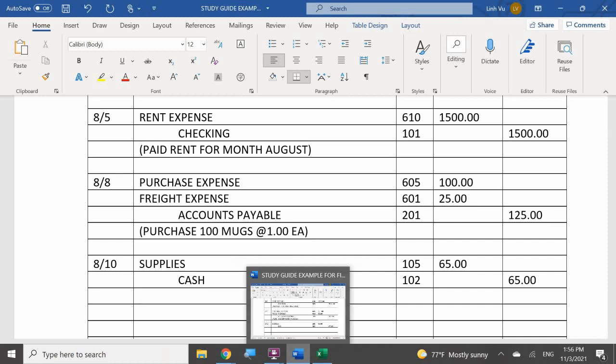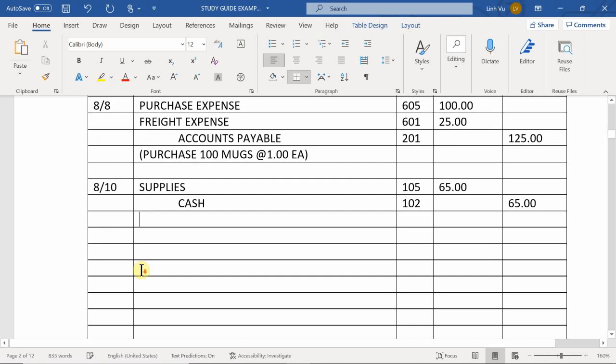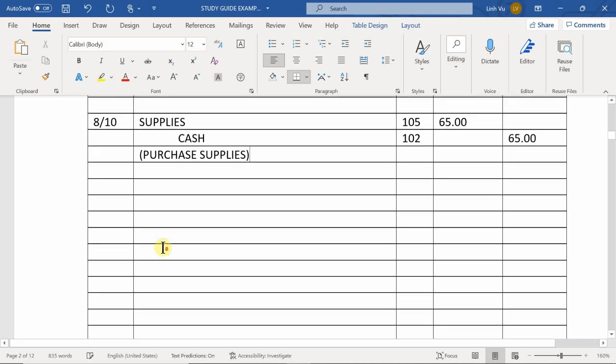It's up to you, you don't have to do it unless you want to. I purchased supplies. Okay, and then you want to go to the ledger, right?